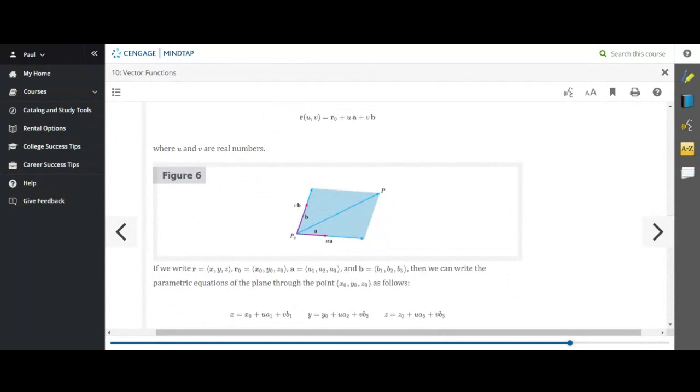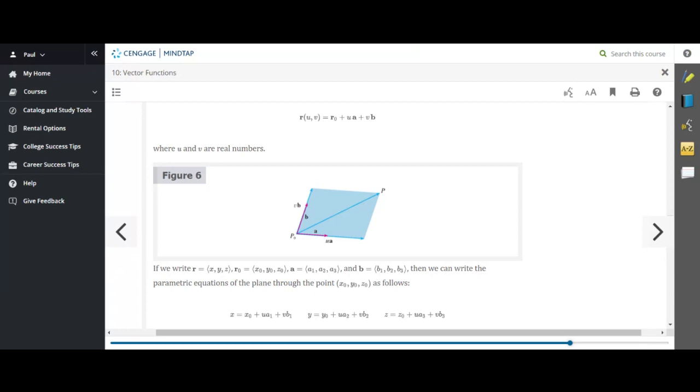Above there, figure 6 gives the vector function of two parameters u and v, and it writes it as the vector r sub 0 plus the parameter u times the vector a plus the parameter v times the vector b. That vector function of u and v will trace out a plane.